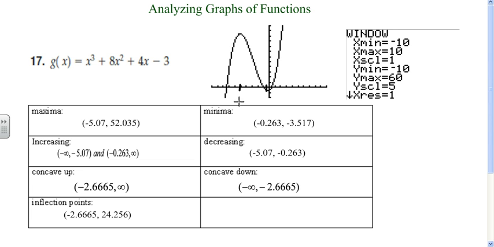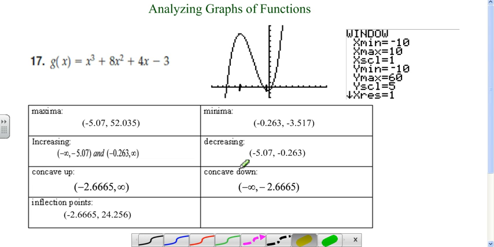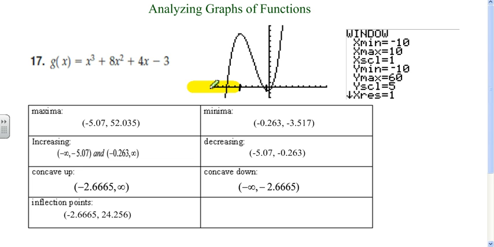Okay. So when we're talking about functions increasing and decreasing, we're talking about where it is happening on the x-axis. So in this case, we can see that on the x-axis this function is increasing from here to here. And so that would be from negative infinity to negative 5.07.